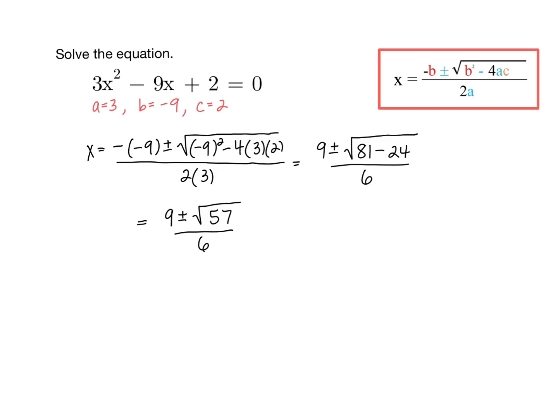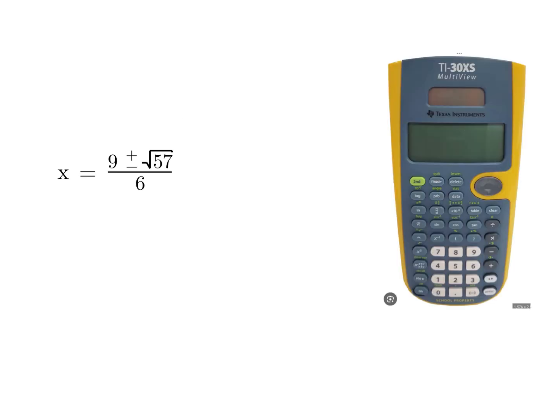From here, what we did before was we simplified the square root, but we cannot simplify 57 any further. So we can technically leave our answer as this, but we're going to take it a step further and put it into our calculator to find the estimated values. So we have x equals 9 plus or minus the square root of 57 all over 6.